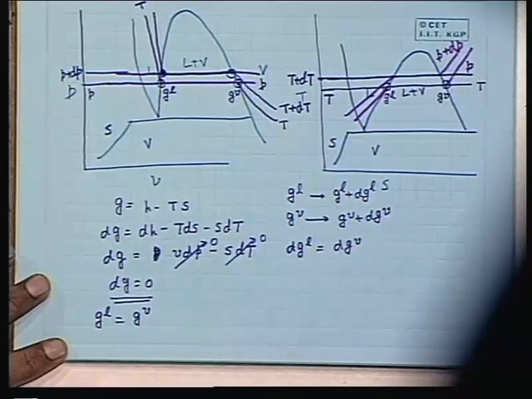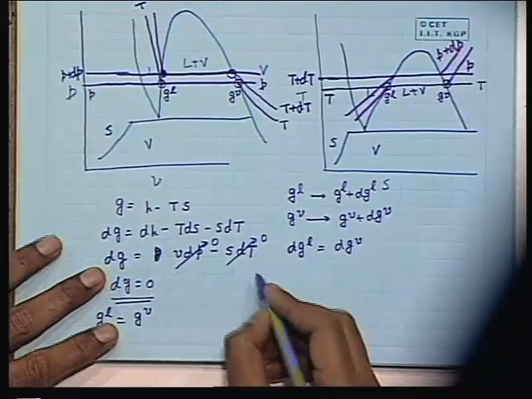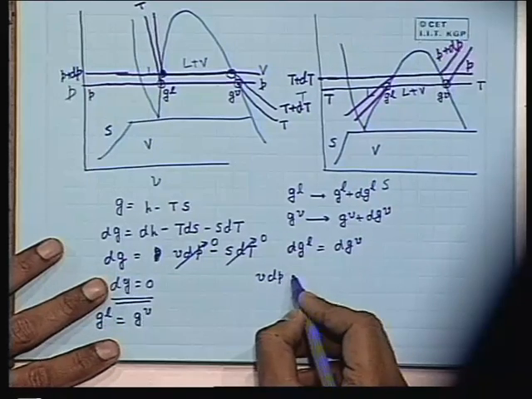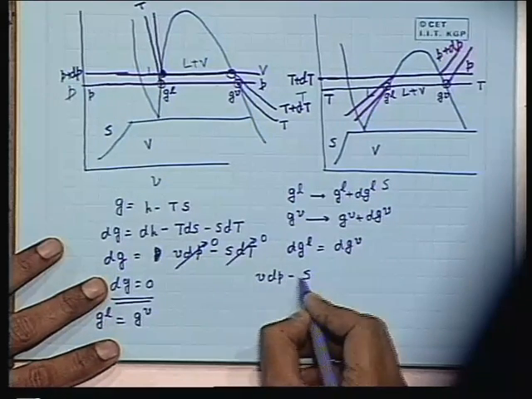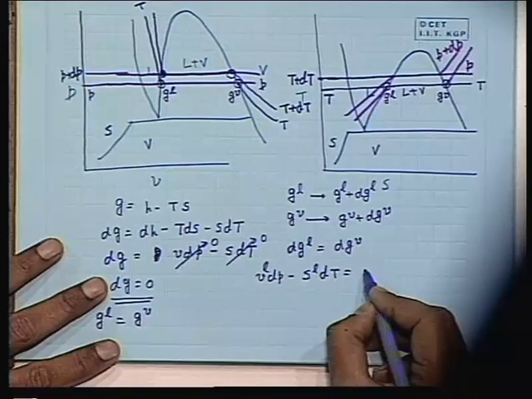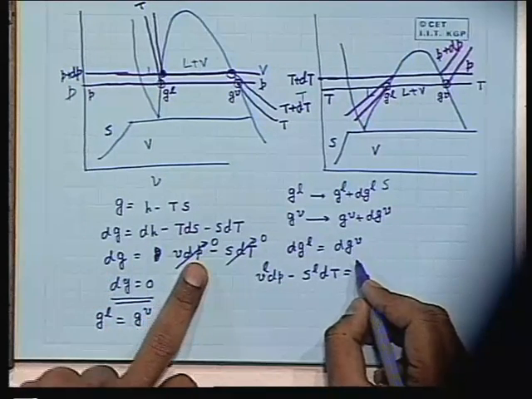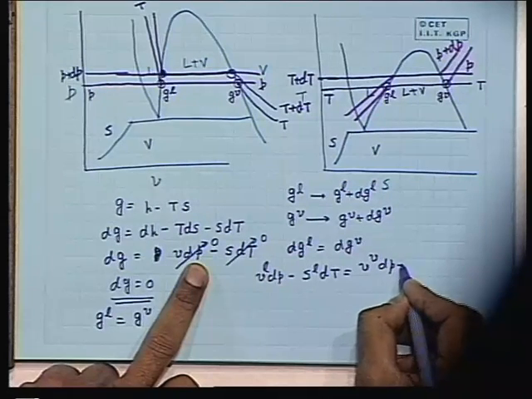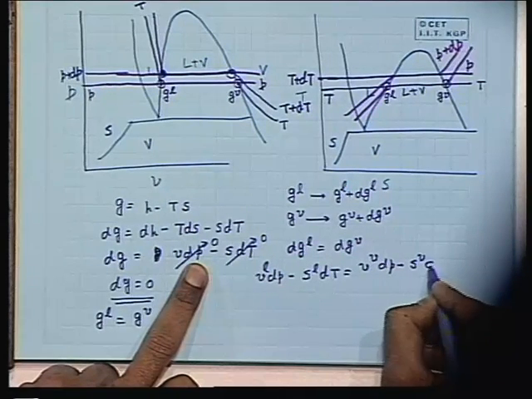So therefore, what we get, dGL is dGV. Now if we write this expression, dGL is VL dP minus SL dT, which is equal to, following this equation, VV dP minus SV dT.